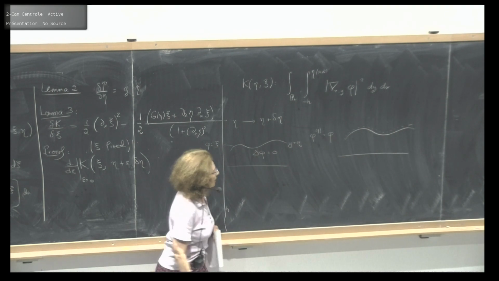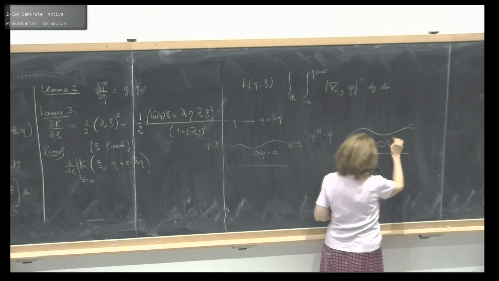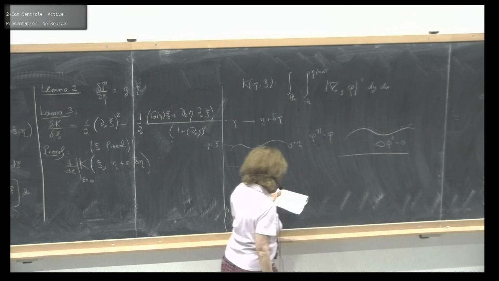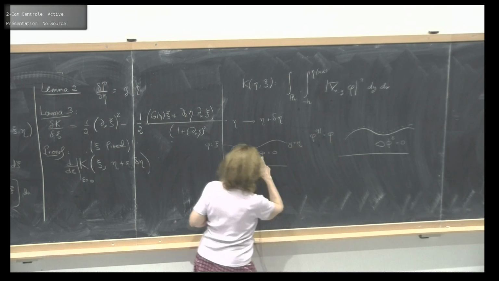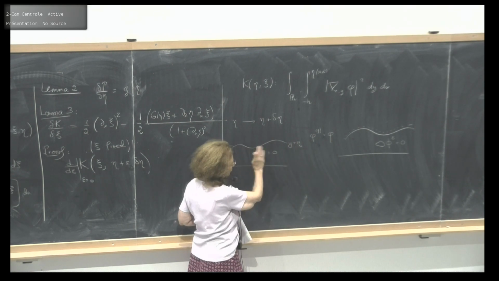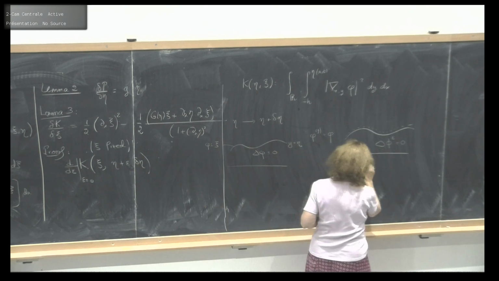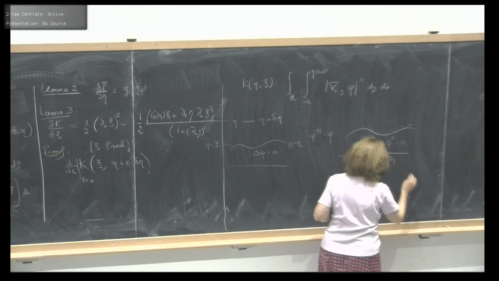And now I modify a little bit. And I have a solution here, Laplacian phi epsilon equals 0. I should say that in the same way that this little phi corresponds to the solution of this problem with eta here, the big phi corresponds to the phi of eta plus epsilon delta eta. Okay?